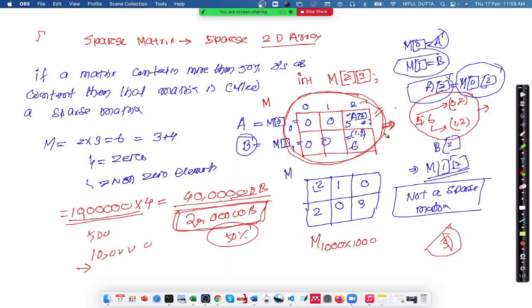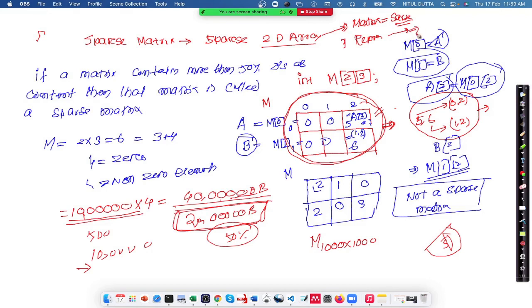First of all, while I am talking about a program of sparse matrix, there are two things that come into the picture. One is, first of all, the user will give you the matrix. Matrix means you will store it in a 2D array. Then you have to test, is the matrix a sparse one? If it is sparse, then the next step will be to represent it, representation of the sparse matrix in a compact form. While representing the sparse matrix in compact form, there are two methods.